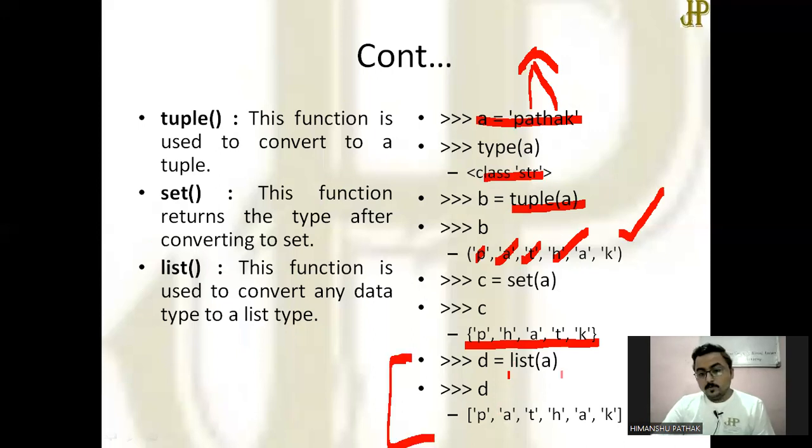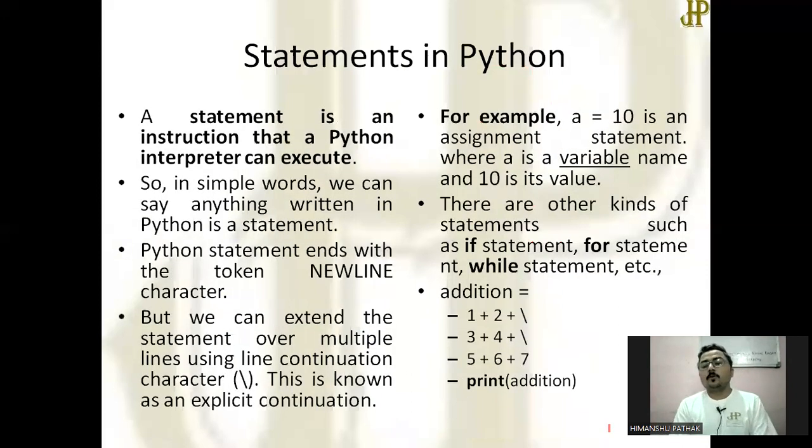I have to use list and pass the argument A. So list is created just like tuple. So that's all for type conversion. Typecasting is very important for examination purposes.